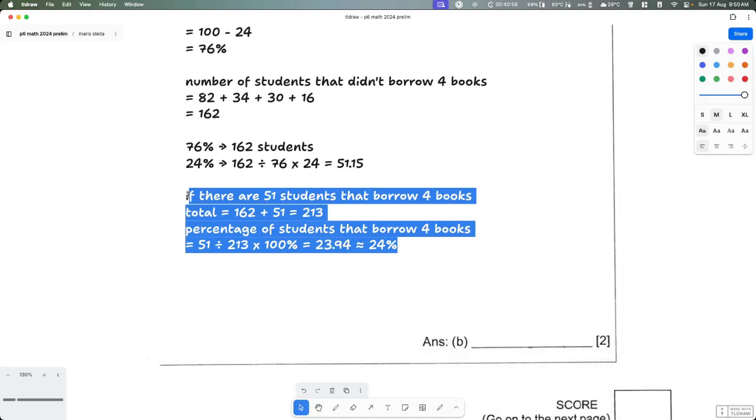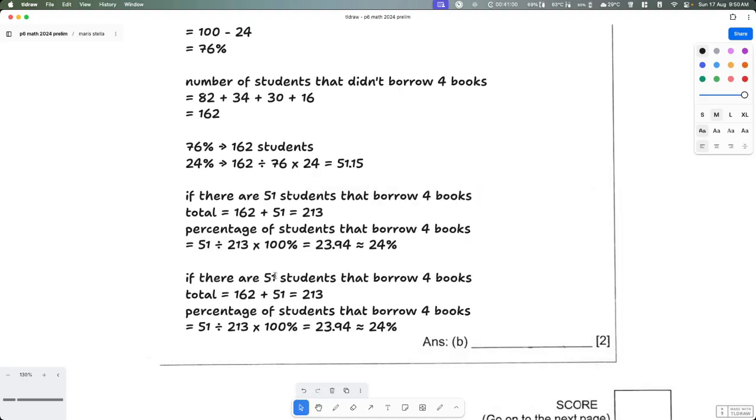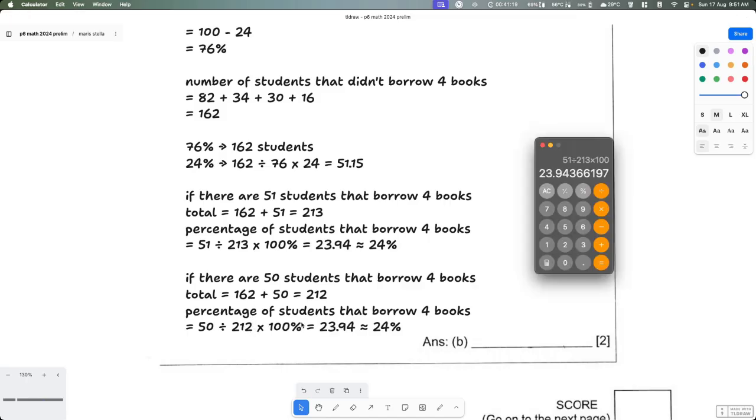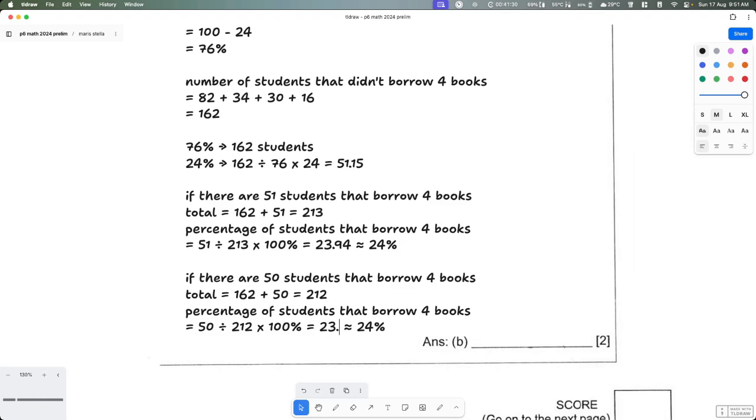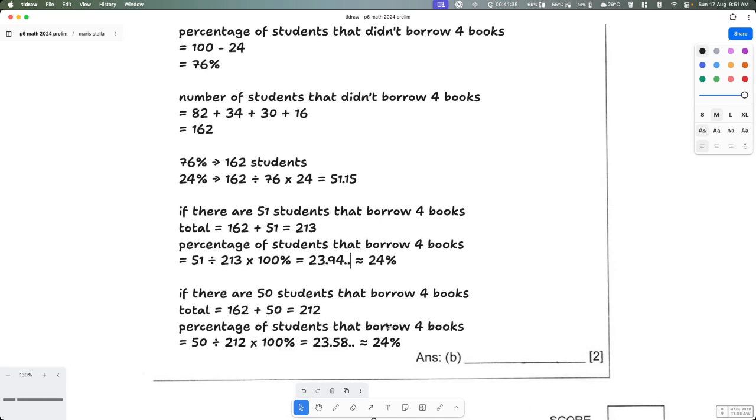Let's try 50 students. If there are 50 students that borrow 4 books, 162 plus 50 will become 212. The percentage will be 50 divided by 212 times 100%, which gives us 23.58 and so on, and that means this is 24%.